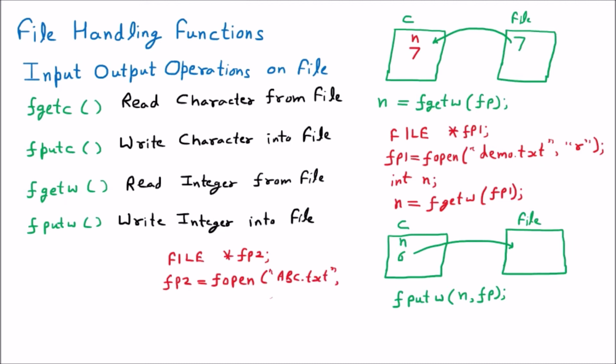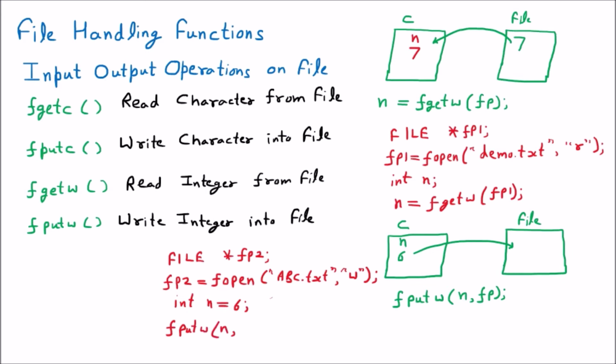Now we are writing into the file. So file should be open in the writing mode. Now let us suppose we are having a variable int n and the value of n is 6. This 6 value we are going to write into the file. So we will simply say putw, means put into the file integer, bracket n.